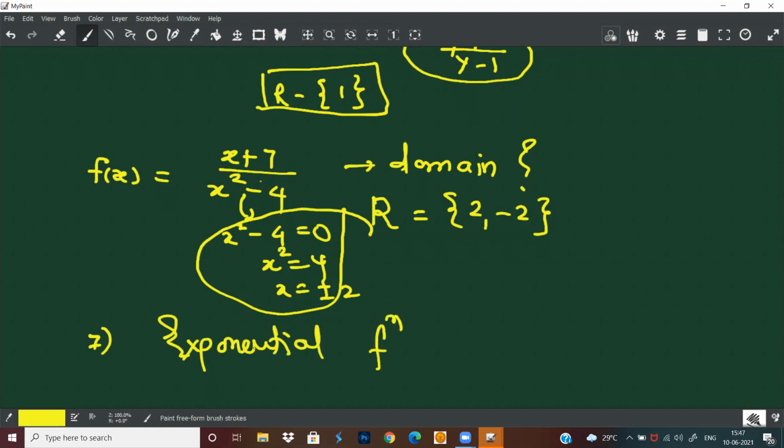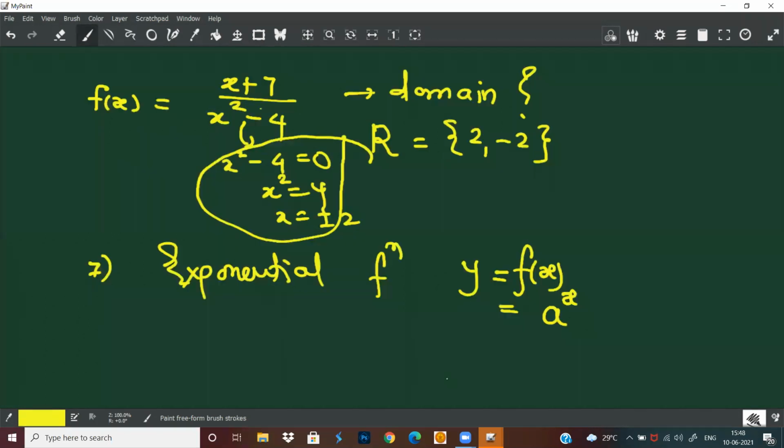Have you learned exponential function? y or f of x is some power a raised to x, where a should be positive.